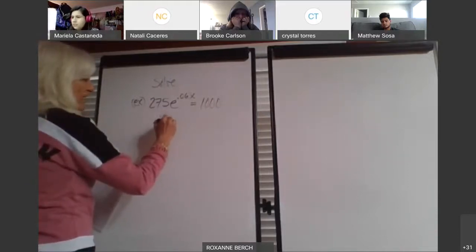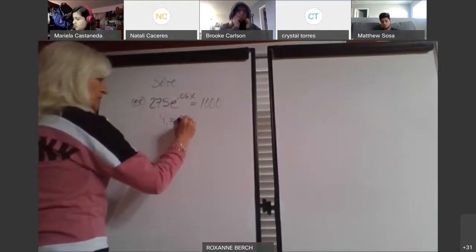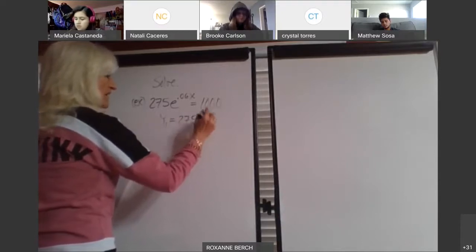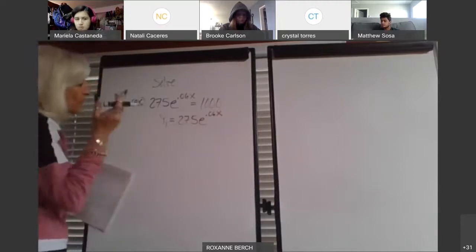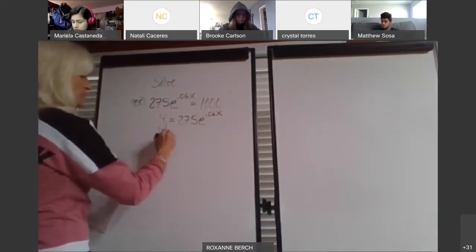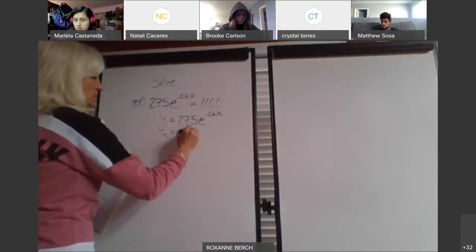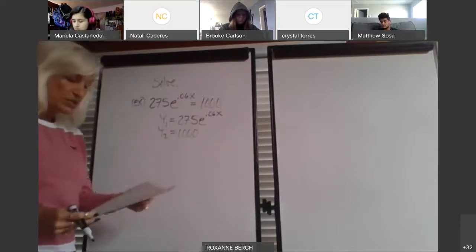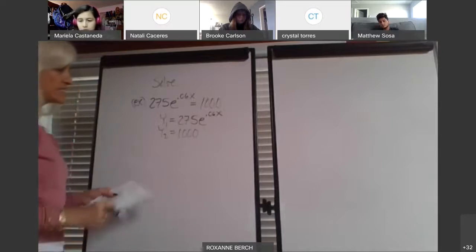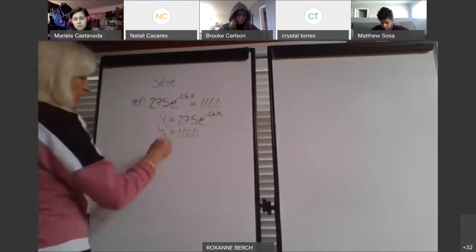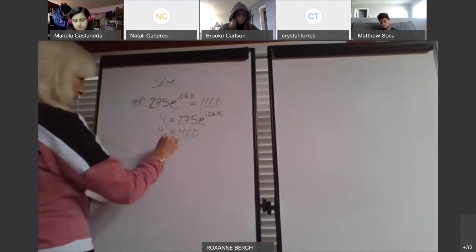So under y sub 1 on the calculator, you would put 275e to the 0.06x exponent. Under y sub 2, you would put 1,000. And what you're going to do is use the intersect feature on the calculator. So you go to second calc, use the intersect feature, and you're going to come up with the ordered pair.